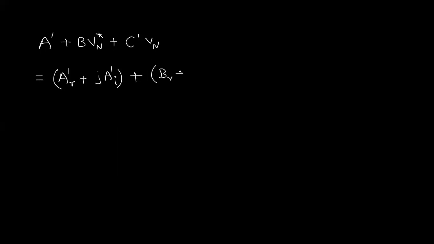So on the right hand side, we had A dash plus B Vn conjugate plus C dash multiplied by Vn. So this is A dash real plus j A dash imaginary. So I am splitting it into real and imaginary, plus this is B real plus j B imaginary. And here it is Vn real.